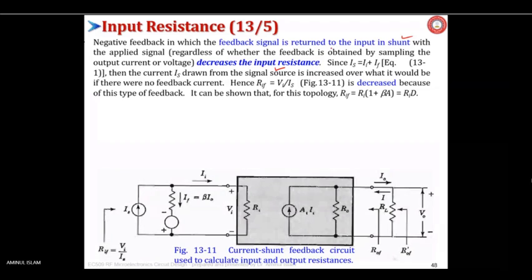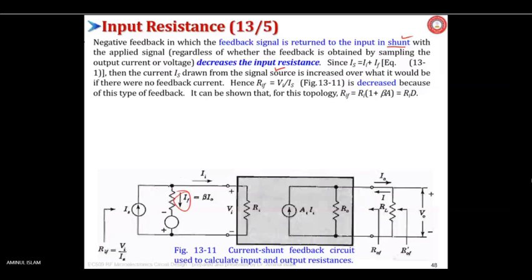The feedback signal is returned to the input in shunt. See that here it is applied in shunt, with the example of current feedback. Here, the source current is Is, it is in parallel with the feedback current.